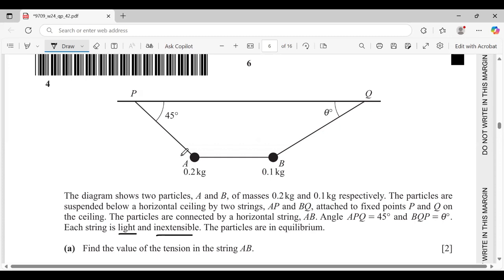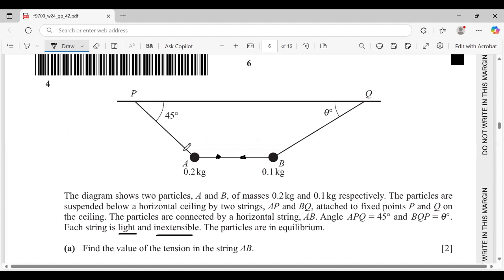Okay, so particles A and B are in equilibrium position. Find the value of the tension in the string AB. So we're going to find the tension AB. Between A and B, two forces act to the right and to the left.